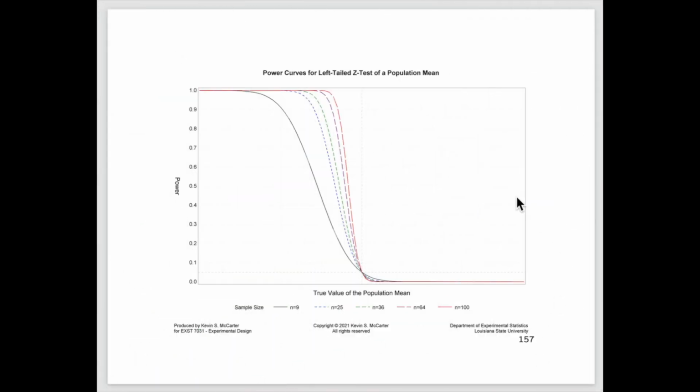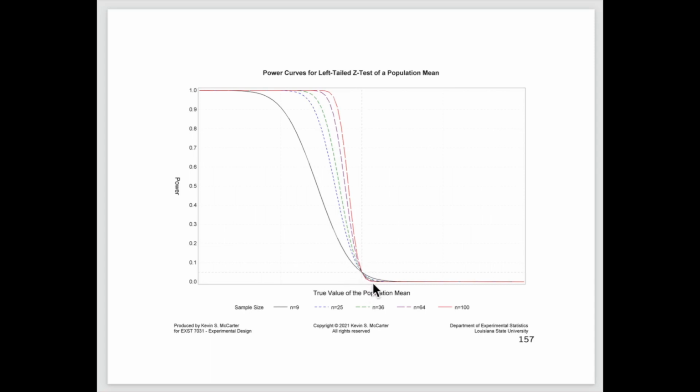Here we have the power curves for a left-tailed z-test of a population mean for 5 different sample sizes. The null hypothesis is true if mu is equal to mu sub 0 or to the right of that. And if mu is to the left of mu sub 0, then the alternative hypothesis is true. Now, we can see again that all of these curves go through the point mu sub 0 and 0.05.